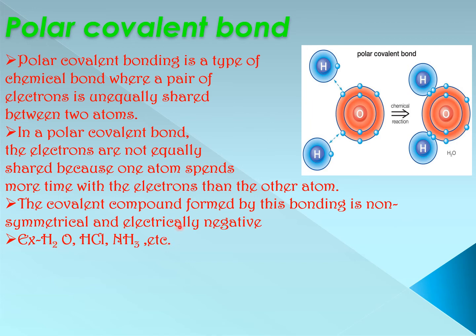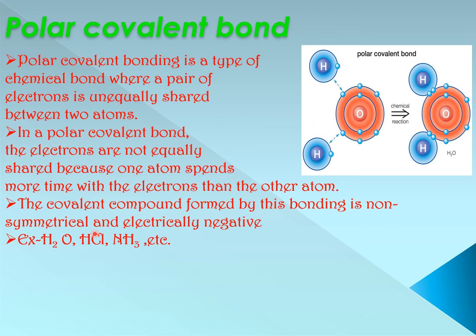Now, in case of polar covalent compounds, I'll give you an example of HCl. In HCl, the strong nuclear charge of the chlorine atom attracts the shared pair towards itself. That is, the negative charge shifts towards the chlorine atom, so there starts a slight negative charge on it.